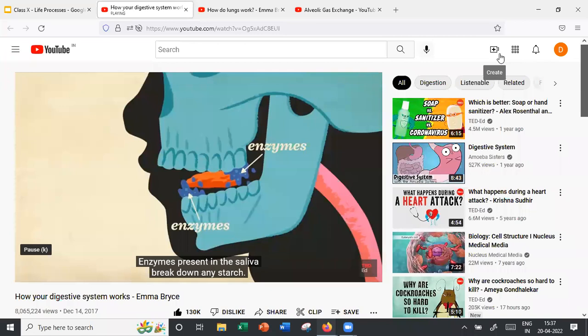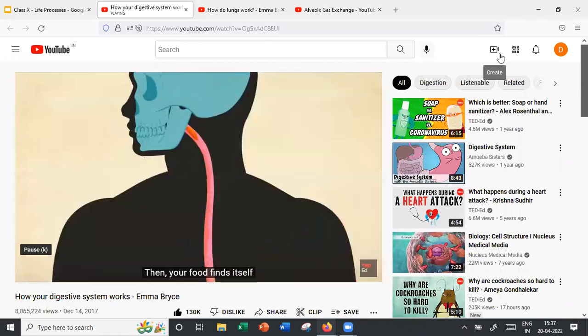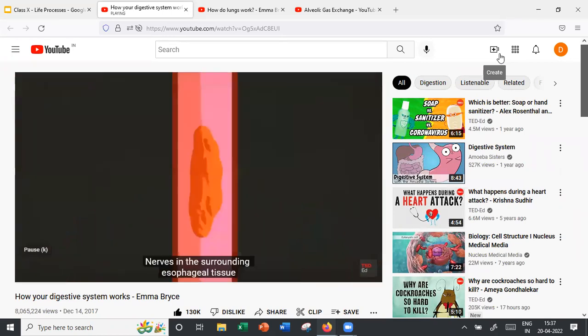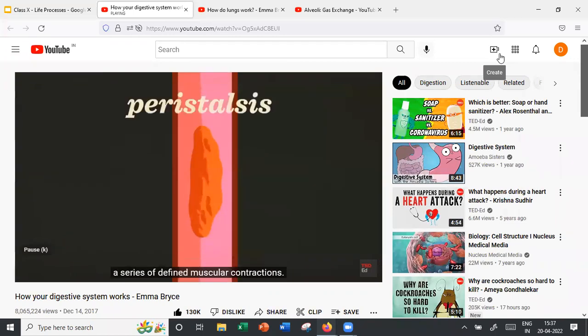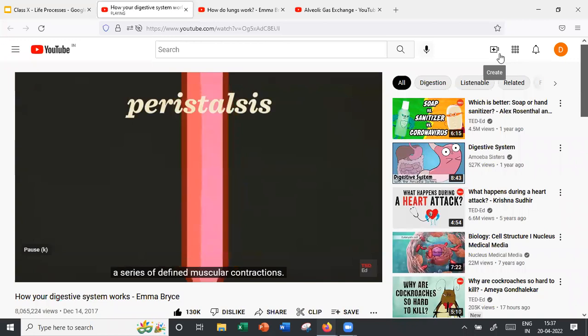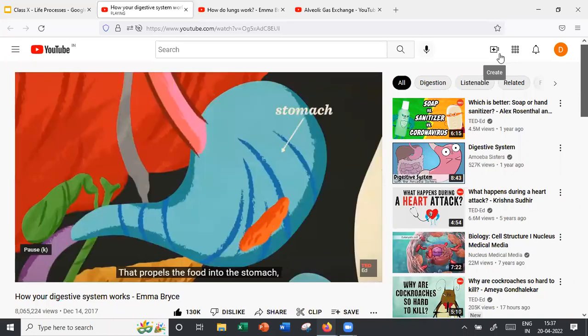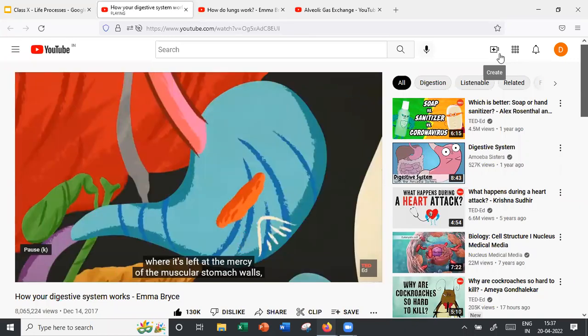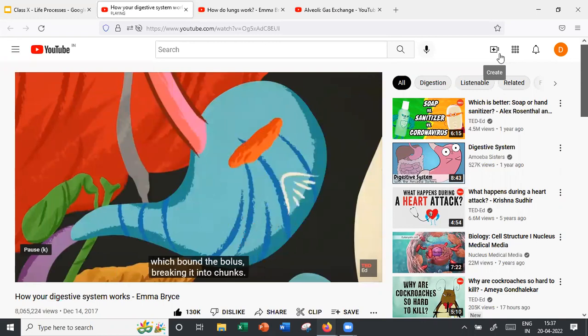Enzymes present in the saliva break down any starch. Then your food finds itself at the rim of a 25 centimeter long tube called the esophagus, down which it must plunge to reach the stomach. Nerves in the surrounding esophageal tissue sense the bolus's presence and trigger peristalsis, a series of defined muscular contractions that propels the food into the stomach, where it's left at the mercy of the muscular stomach walls, which pound the bolus, breaking it into chunks.